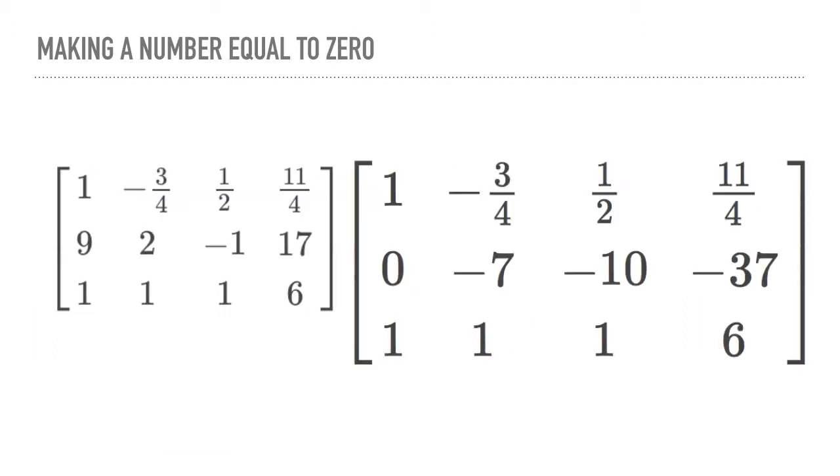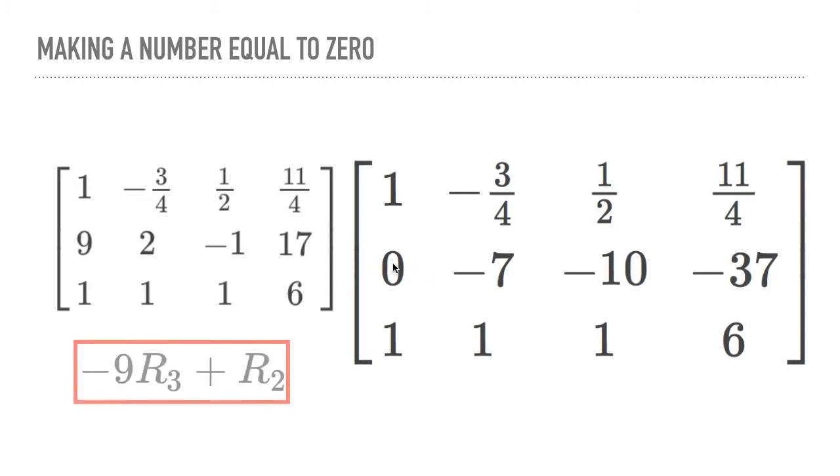To make a number equal to 0, we need to take another row that has a 1 in the same column, multiply it by the negative of that number, and then add both rows. This might sound complicated, but it is actually quite easy. For example, we're going to turn the 9 into a 0. To accomplish this, we're going to use the third row, which has a 1 in that column.